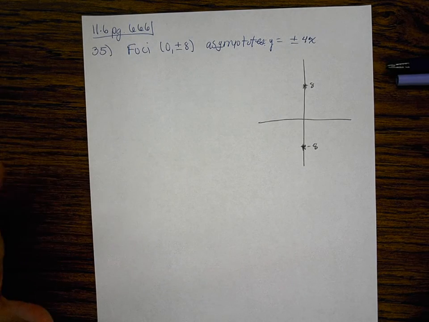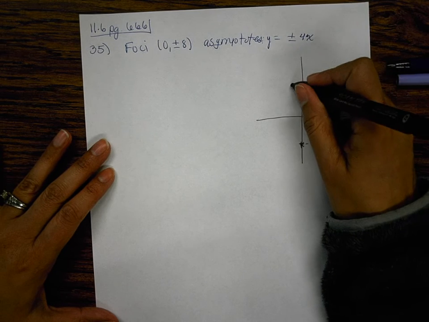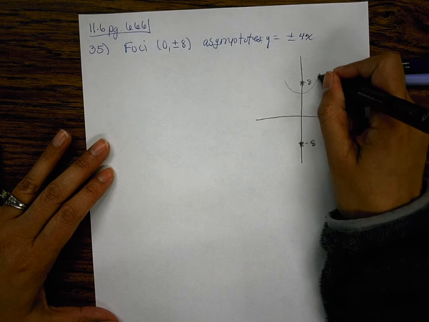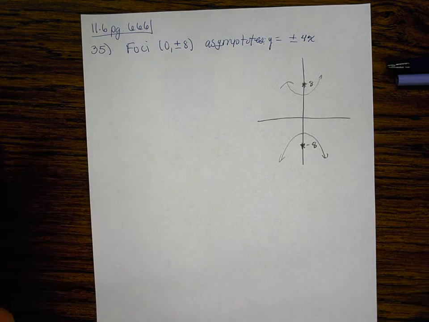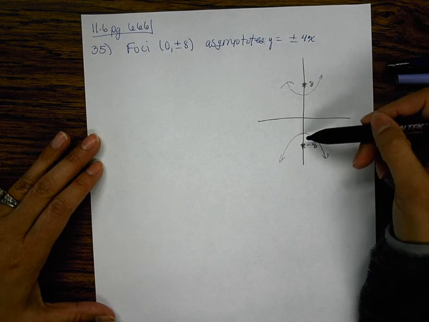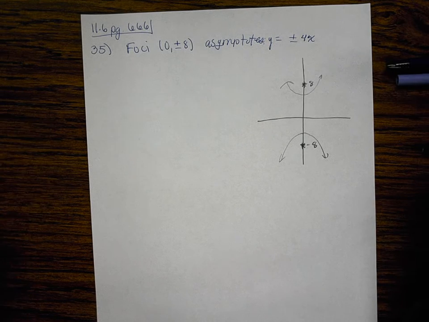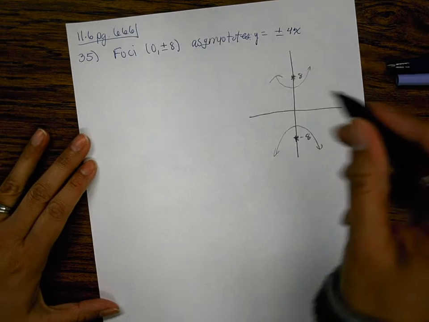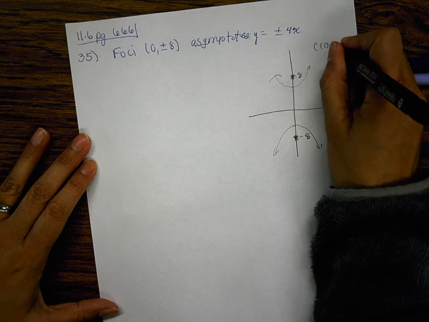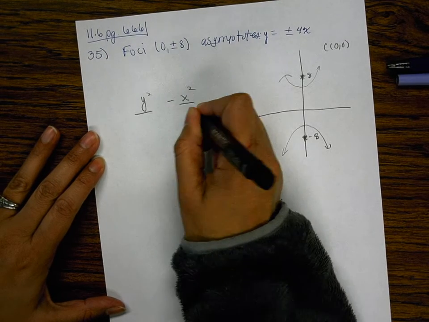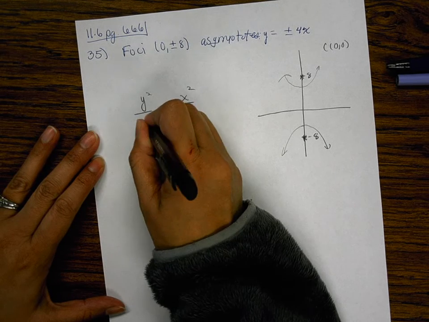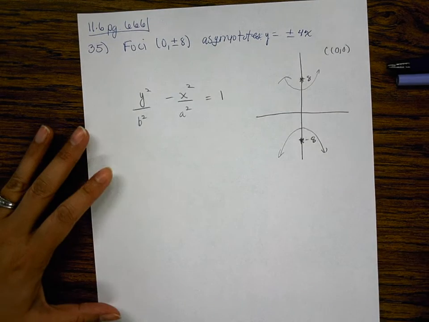I know the graph is opening up and down, because it always goes in the direction of the foci, and if the foci are up and down, then the graph opens up and down, which means the y comes first. Since my center is (0, 0), it's going to be y squared minus x squared, and then I will fill my letters in accordingly.